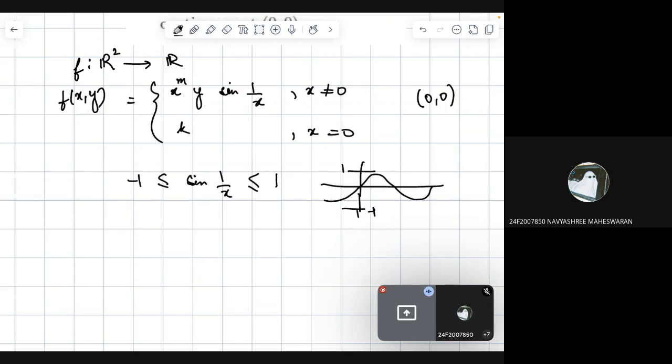This is not the graph of sine 1 by x, which will look a bit different, but what I mean to say is the value of sine is always between minus 1 and 1, no matter what the input is.